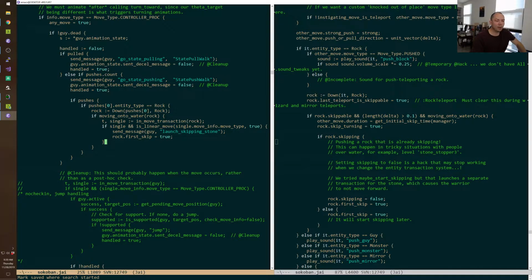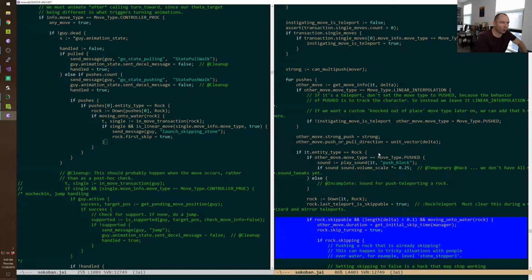One is we could keep it in the same transaction as the guy, but just cheat the visuals and stuff, and then hope that the transaction commits before we want to skip again. That could be weird. Or down here where we detect the situation, we could break it out of that transaction.